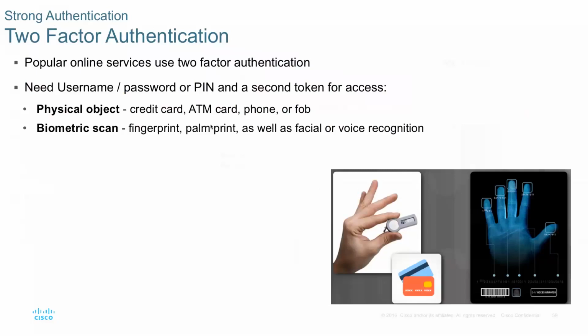And like when we're using the ATM, we have that card that we use as well that identifies us. So you're going to have more than one thing that's needed so that you can log in to whatever it is you're trying to access. And it is possible these days that it might be a fingerprint or a palm print or facial or voice recognition.